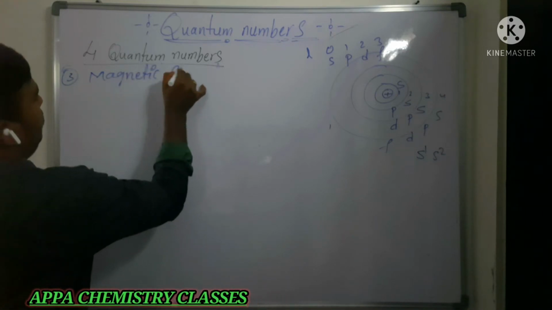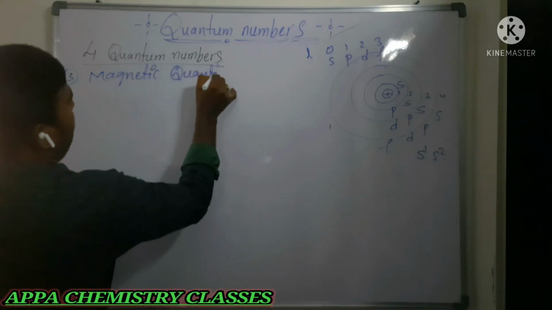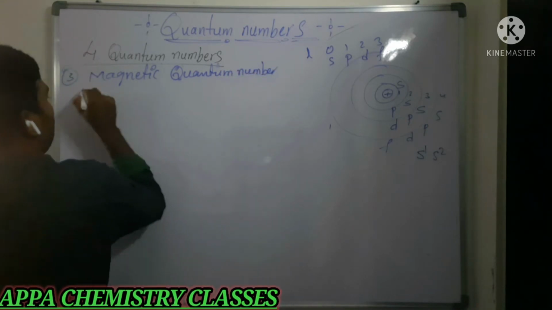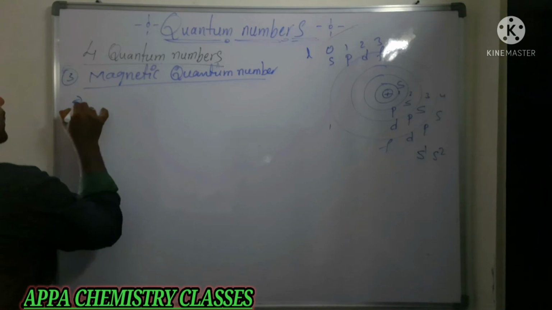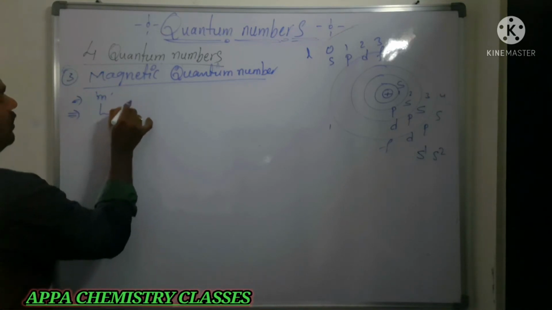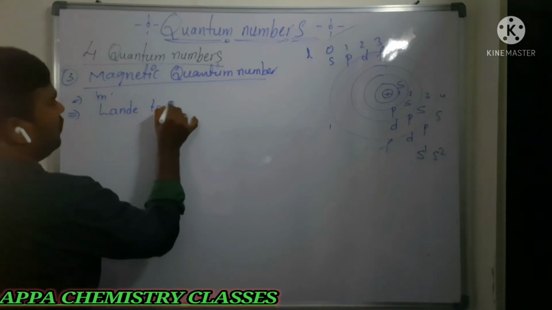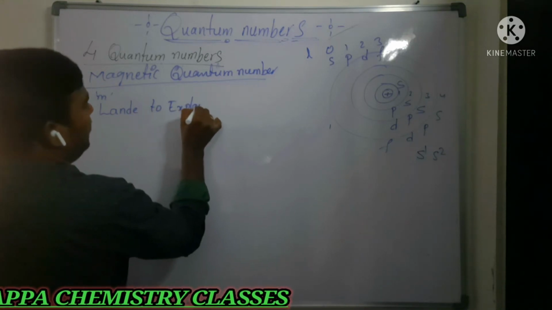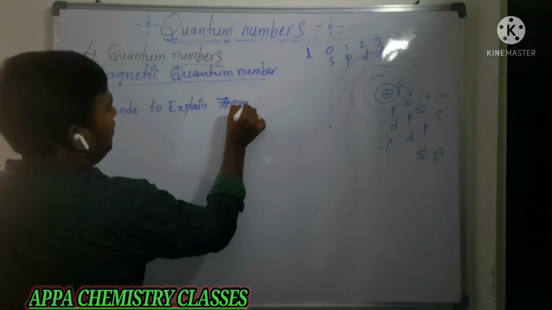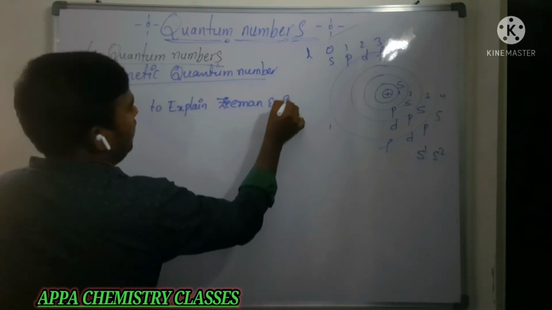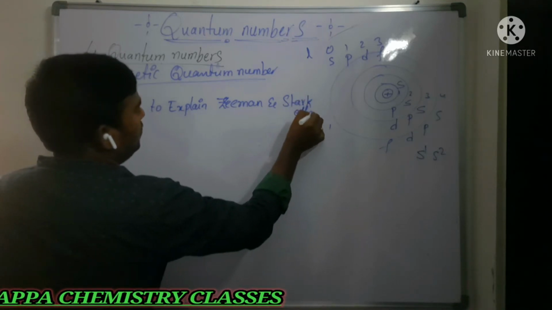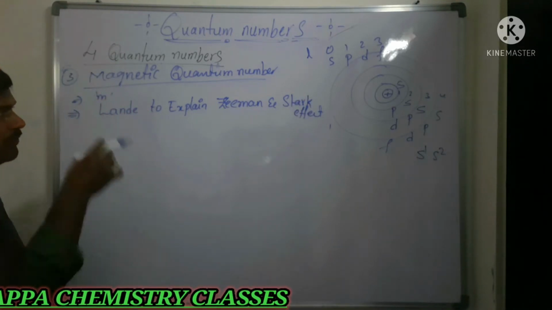The magnetic quantum number is indicated by small m, which was given by Landé to explain the Zeeman effect and Stark effect. So he proposed these quantum numbers.